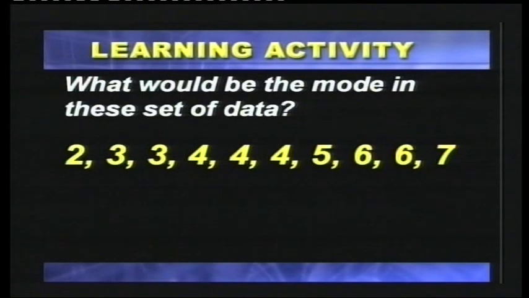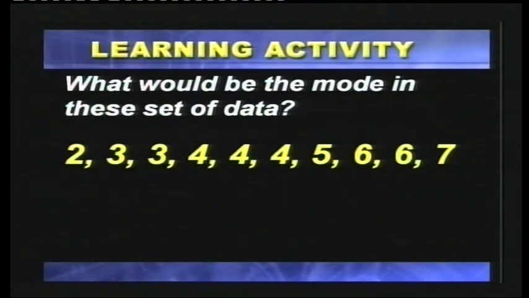We have 2, 3, 3, 4, 4, 4, 5, 6, 6, 7. Okay, it should be very easy. I can see students raising their hands up. Shall we go through the answer to these sets of data?